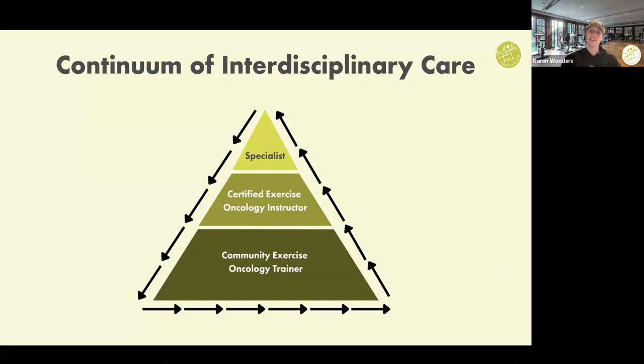And then that bottom tier, the community exercise oncology trainer, our certification for this tier is the Cancer Fit certification. This is what we partner with Livestrong on. And these individuals may or may not have a bachelor's degree in exercise science. As you know, many people who work in fitness centers just have a love of fitness, but they may or may not have a degree.